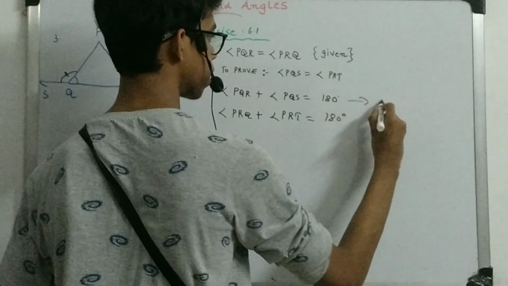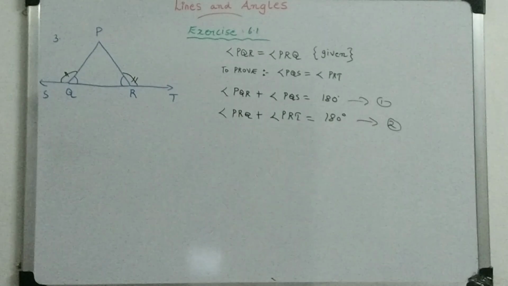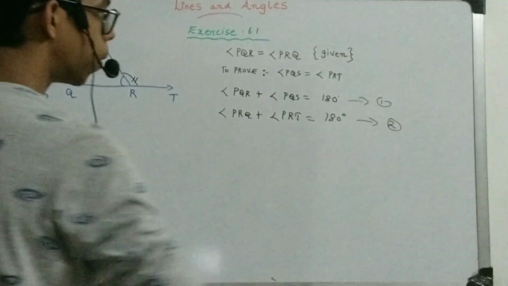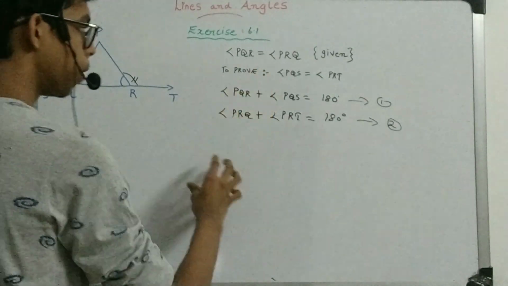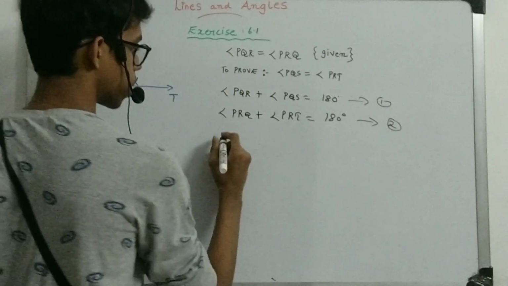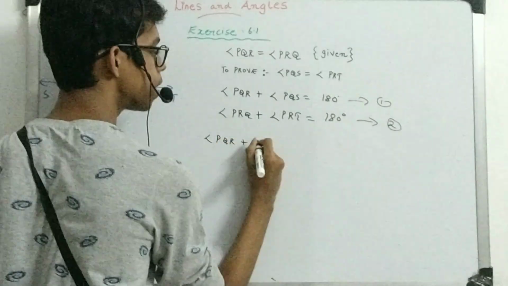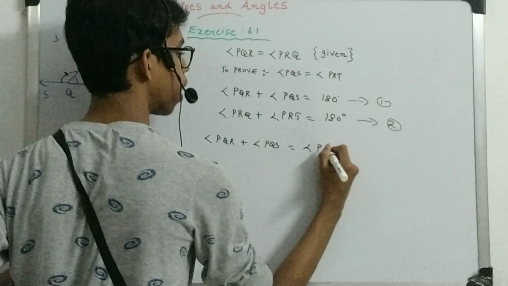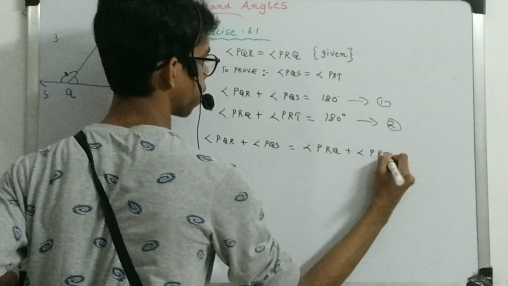You can take this as equation 1 and this as equation 2. Now both equation 1 and 2 are equal to 180. So since both are equal to 180, we can equate the two equations. So from here I can write angle PQR plus angle PQS is equal to angle PRQ plus angle PRT.